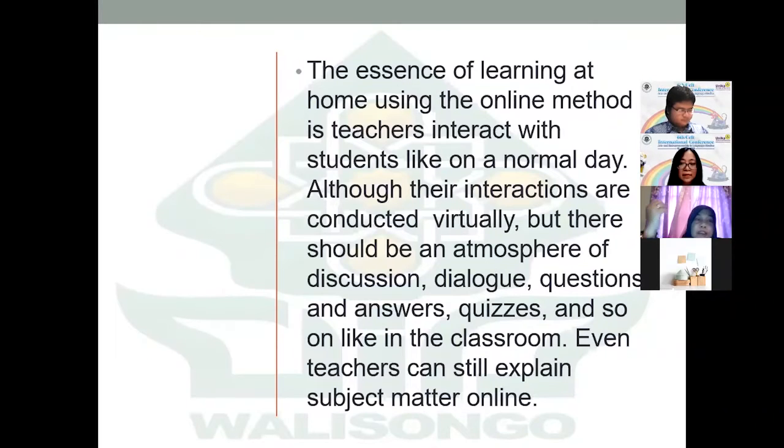All of these types of learner styles exist in our classroom. So teachers should realize that they should use various media and various learning methodology to get the students involved.